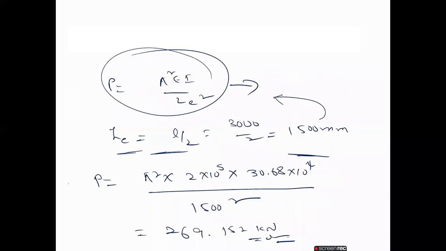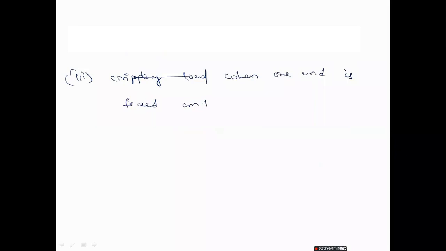The third condition in this problem, I will write here: we have to determine the crippling load when one end is fixed and the other end is hinged. This is the condition of our strut. For this one, Euler's formula to calculate the crippling load is P equal to 2 pi square EI by L square.